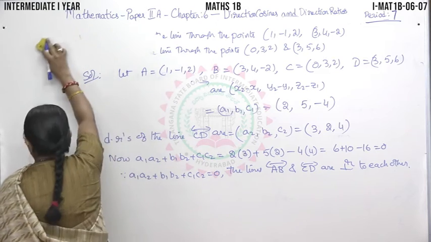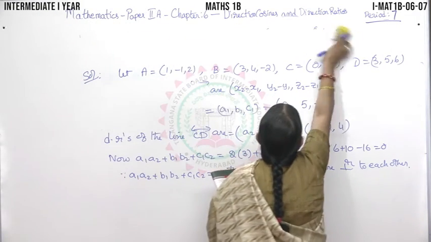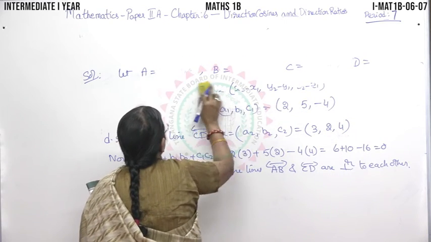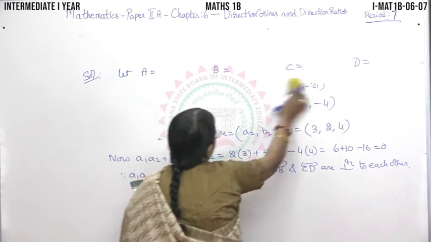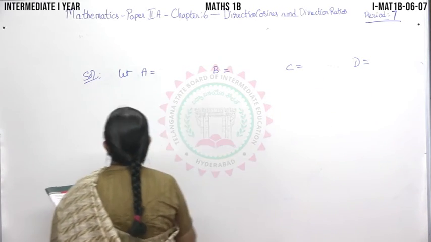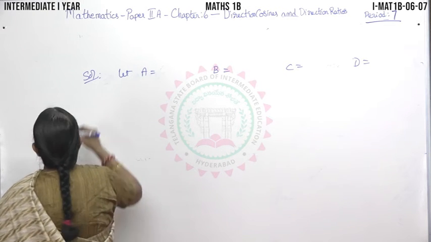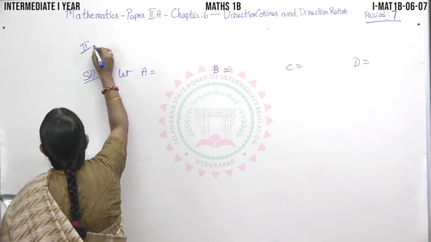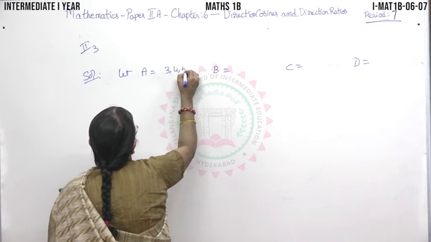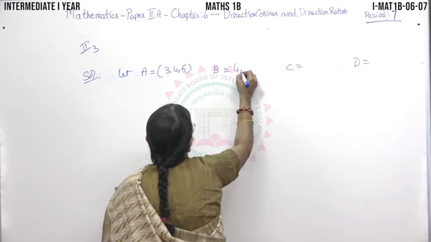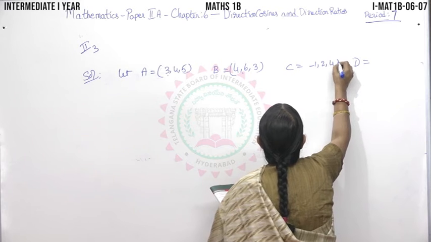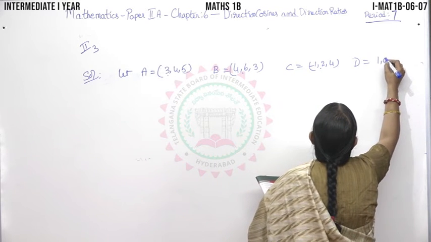Okay, now next problem, second section, third problem. This may be the last problem. You are given the points A as (3, 4, 5), B is (4, 6, 3), and C is (-1, 2, 4), and D is (1, 0, 5).